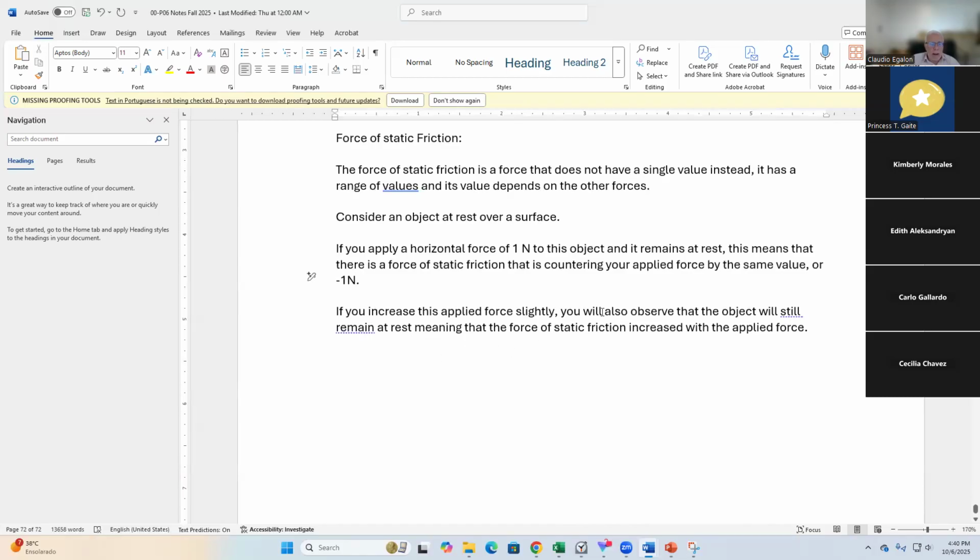If you increase this applied force slightly, say, to 2 Newtons, and observe that the object still remains at rest, this means that the force of static friction increased by the same amount, or minus 2 Newtons.